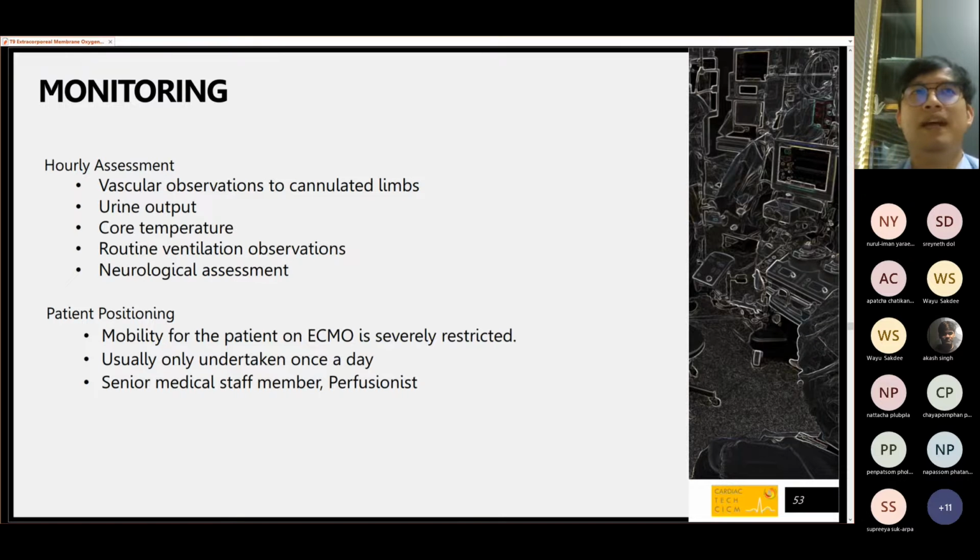Okay. When you reposition, firstly, it may disturb the flow and make the cannula position change and disturb the flow.